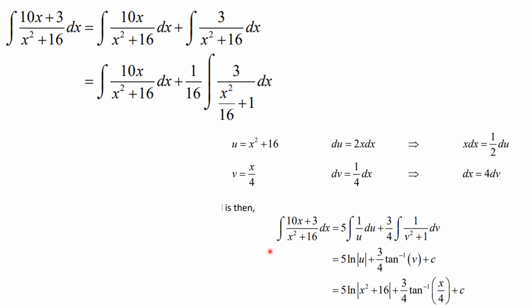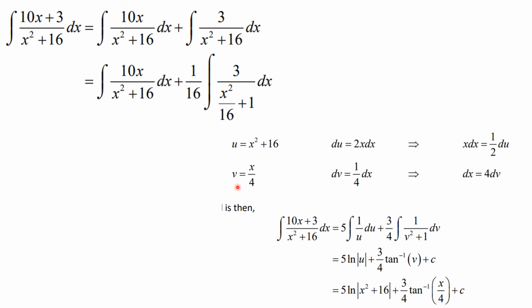Here we do it term by term. The substitution on the first integral is going to be u equals x squared plus 16. du is going to be 2x dx, and dx is going to be du over 2x.